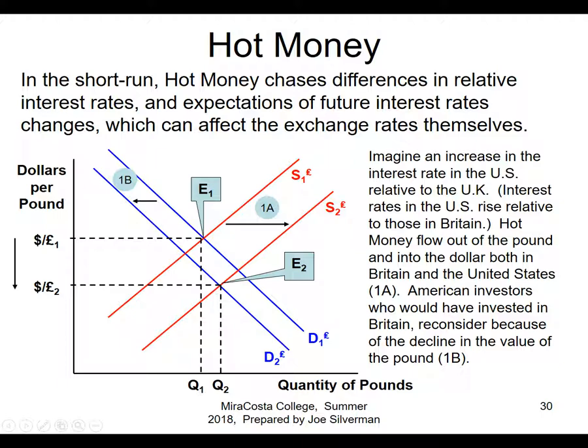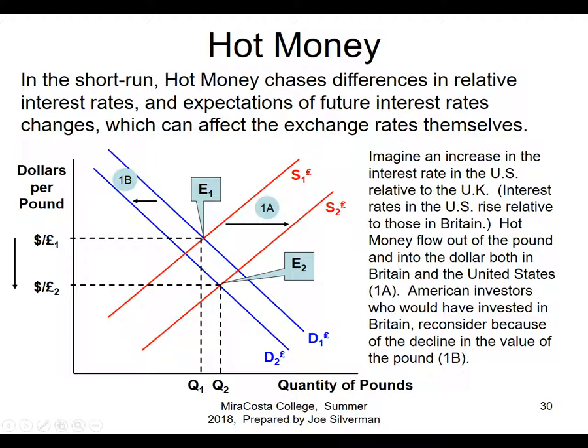At the same time, imagine you're this money manager in New York, and sometimes you put money in London, sometimes you put money in New York, you're chasing the highest interest rate. And again, you notice that the interest rate in New York is higher than it is in London. Well, you're not going to be putting as much money into London anymore, so your demand for pounds is going to shift to the left. And that's also going to have the effect of driving up the value of the dollar relative to the pound.